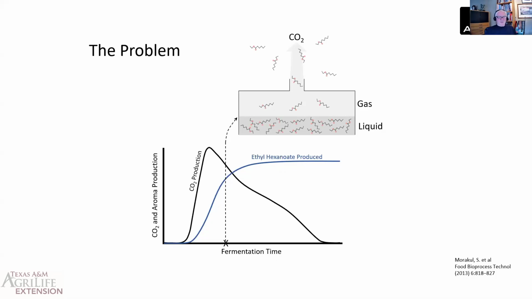The problem is there's so much CO2 coming out. It's a constant flow of CO2 that if you're a little molecule of ethyl hexanoate in the headspace, you're kind of a sitting duck. The CO2 is just going to move you right on out into the winery. And that's when we smell these aroma compounds in fermenting wine. Some of you may not have, but some of you certainly have been in wineries when wine is fermenting and you smell the aroma compounds.